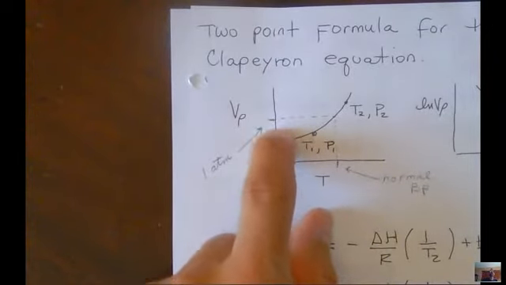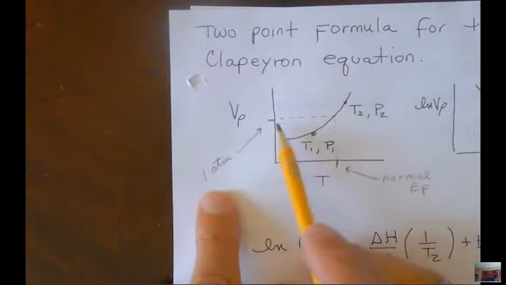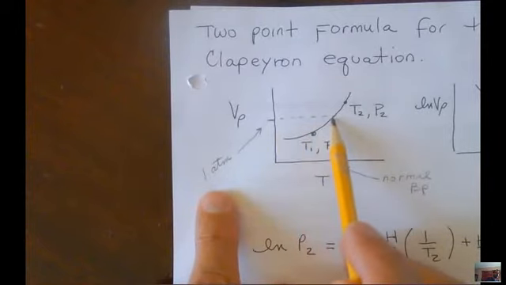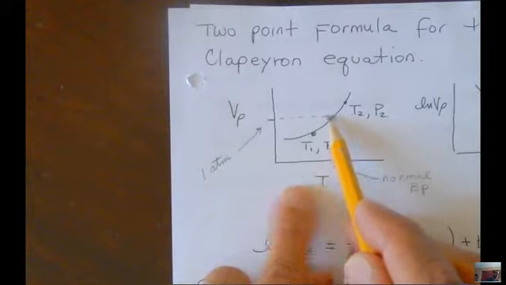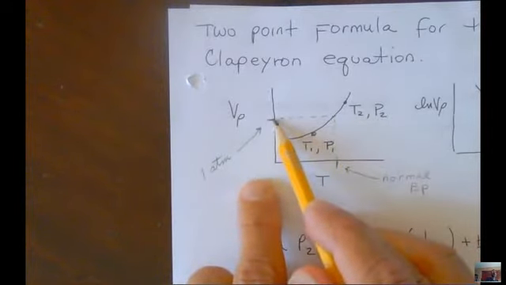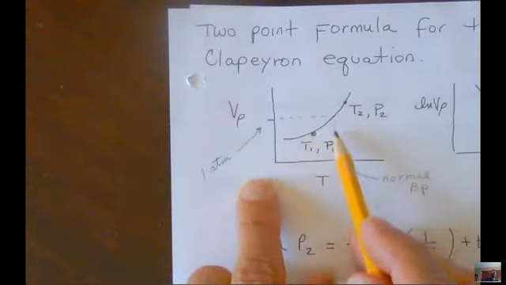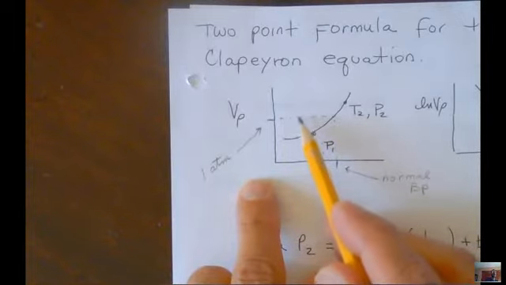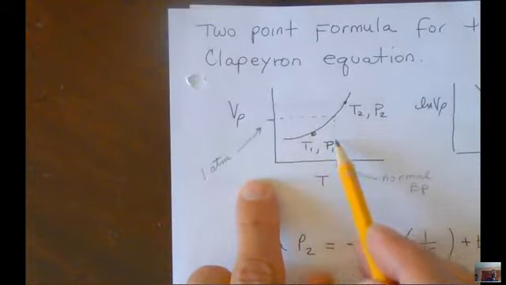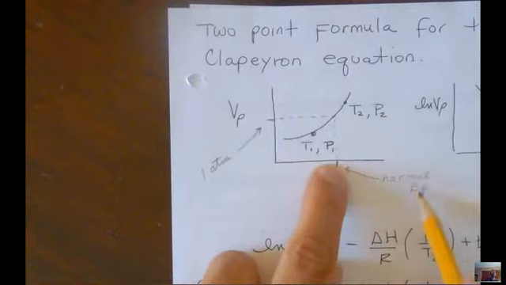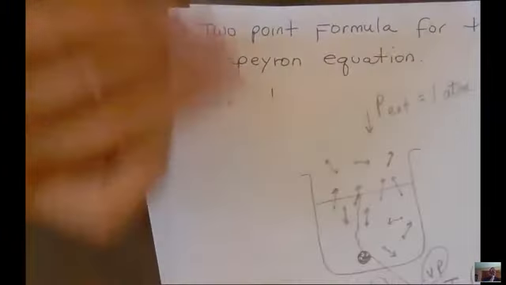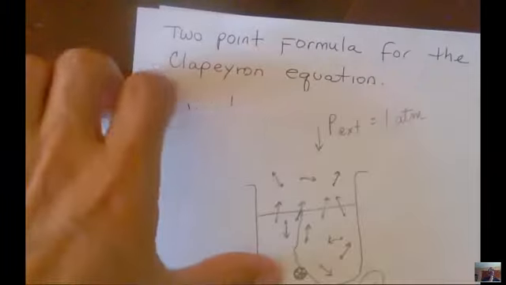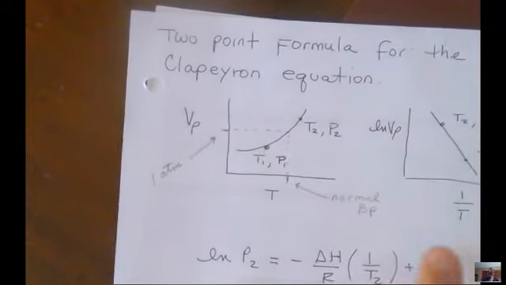If you were in Colorado, it would be a little bit lower. So at 1 atmospheric pressure, what temperature do you need so that the vapor pressure would be equal to the atmospheric pressure? That special position on the graph right here, this pressure and this temperature, is called the normal boiling point. For water, when the atmospheric pressure is 1 atmosphere, water boils at 100 degrees.